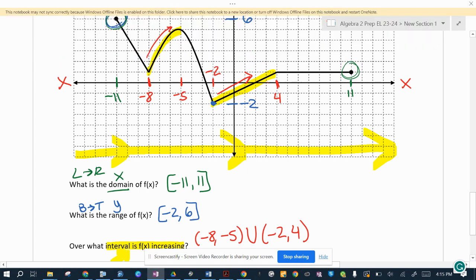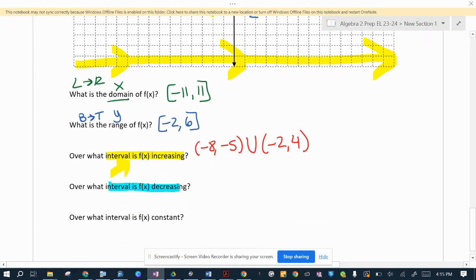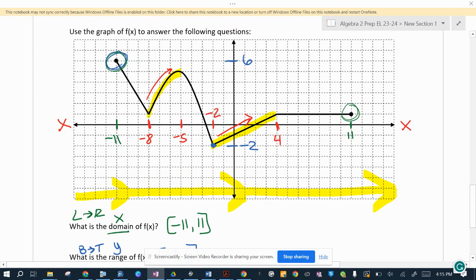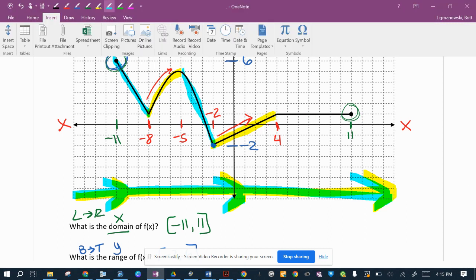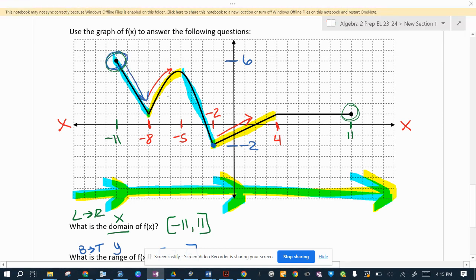Then we're going to focus on where our graph decreases. So arrow down, so where our graph is going down. So again, reading the graph from left to right, over this way, it goes down, up, constant. So we have two sections where it is decreasing. So here and here.